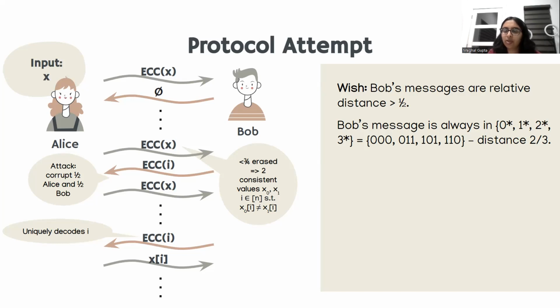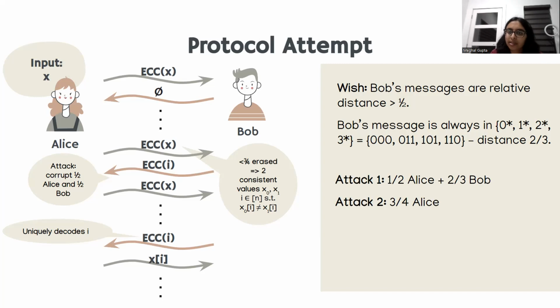However, if Bob were only sending one of 4 possible messages in every step, which we'll call for the rest of the talk 0 star, 1 star, 2 star, and 3 star, we could make these messages further apart. Remember that the 1/2 upper bound only applies when the number of possible messages that a party could be sending goes to infinity.